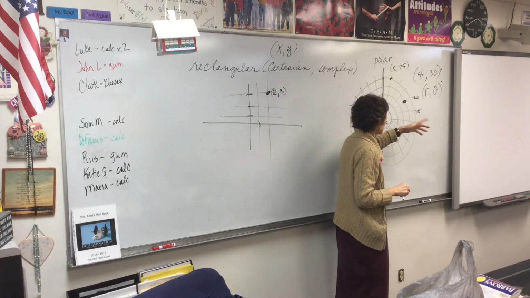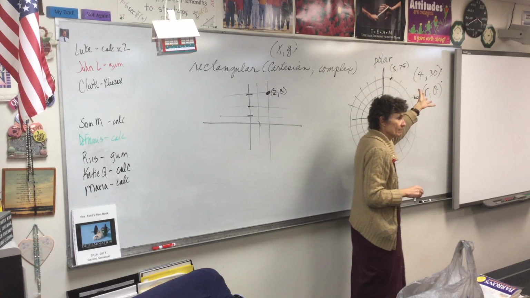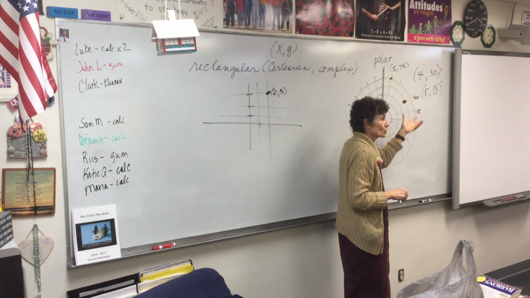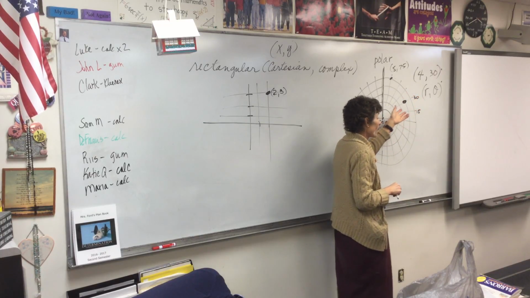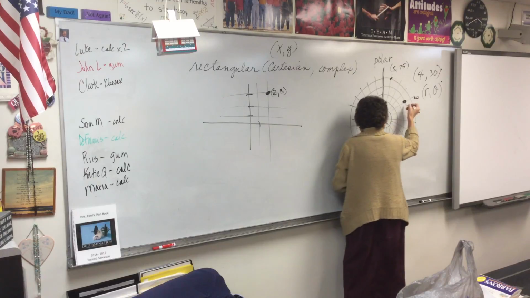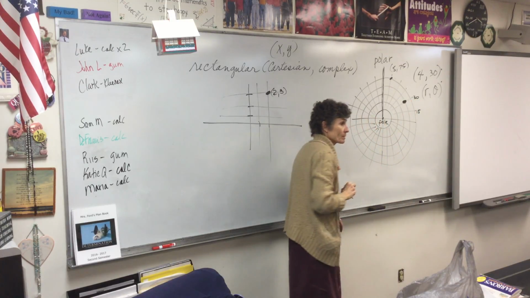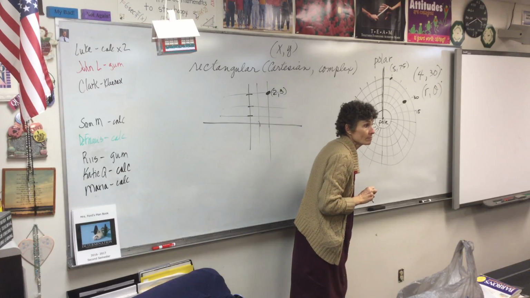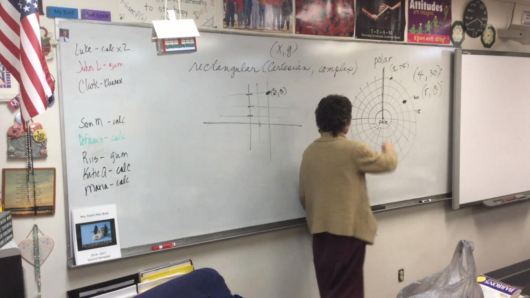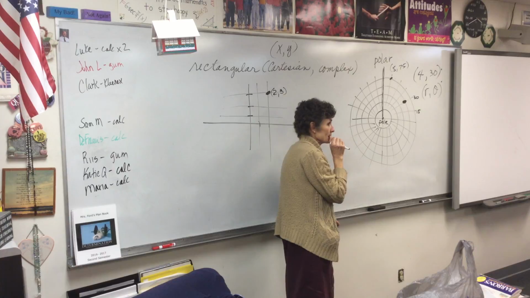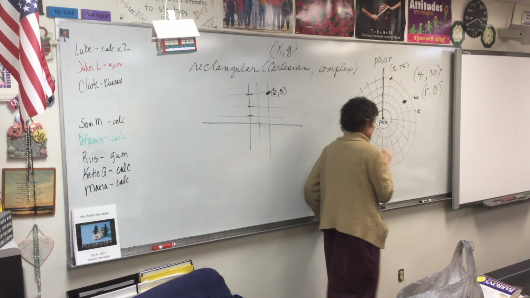Now, most of us are going to say 4, 30. But what else could I say besides 4, 30? What would be another way to get me to that very same point? 4 what? 4, 120? No, 120 would put me over here. Or 390. 390 would.